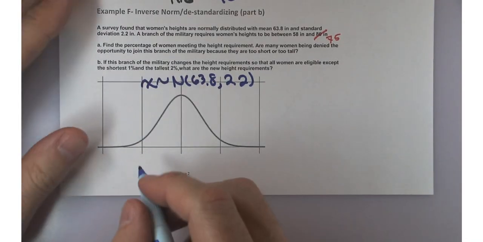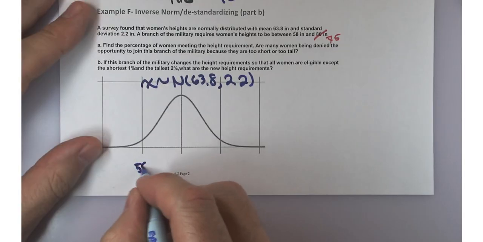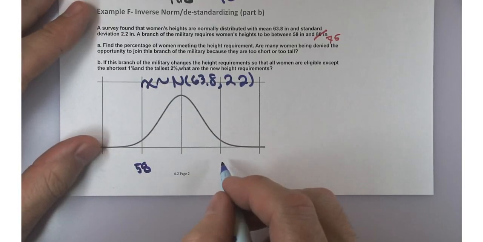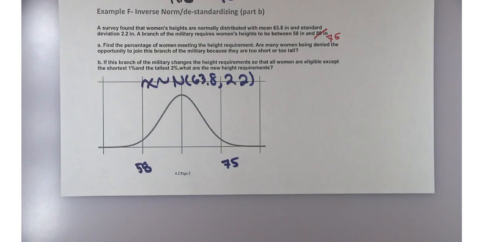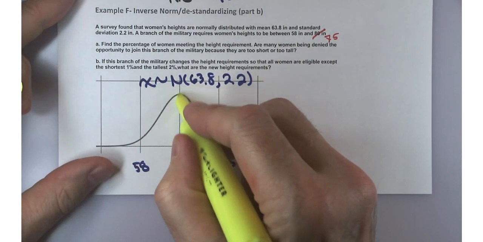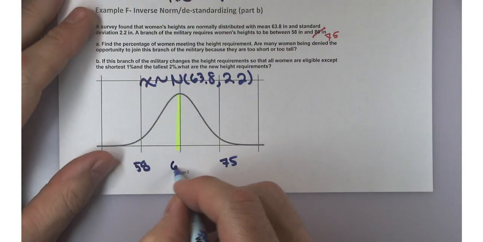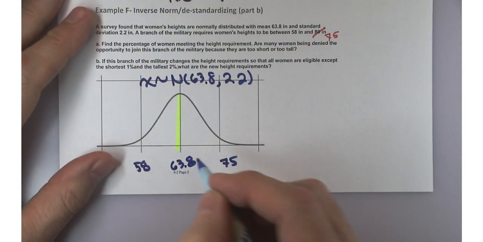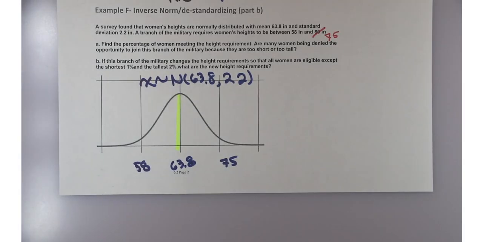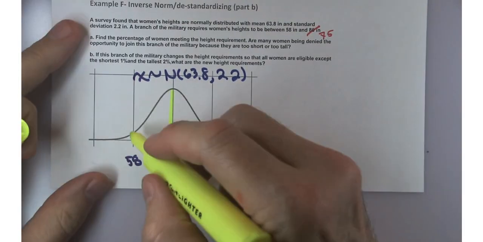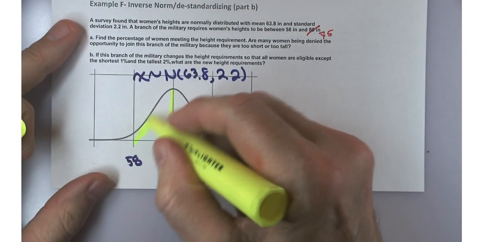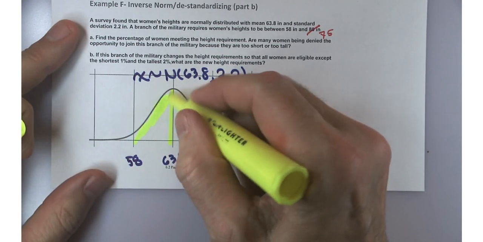So we want to find the percentage of women between 58 and, say, 75 inches tall. Now you've got this middle value down here, which is 63.8. But we want to find the area between these. And finding an area involves your norm distribution.